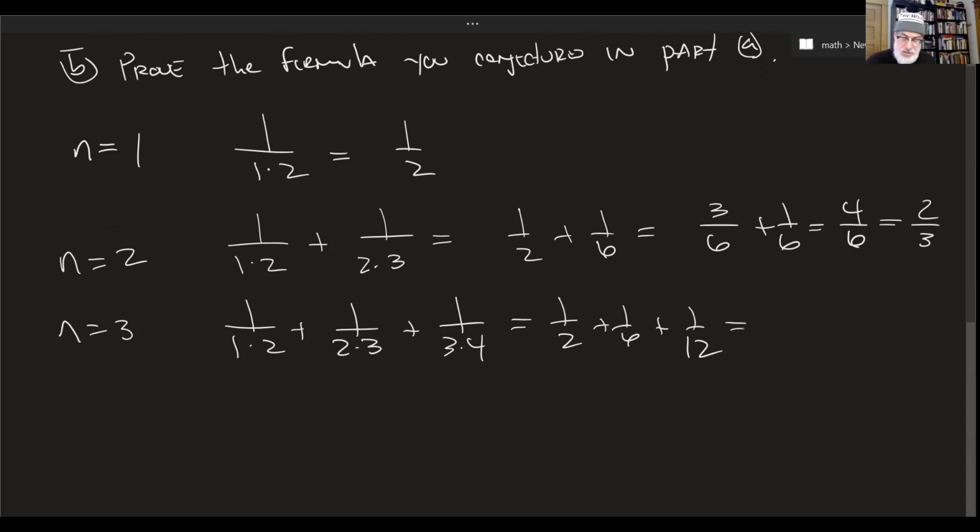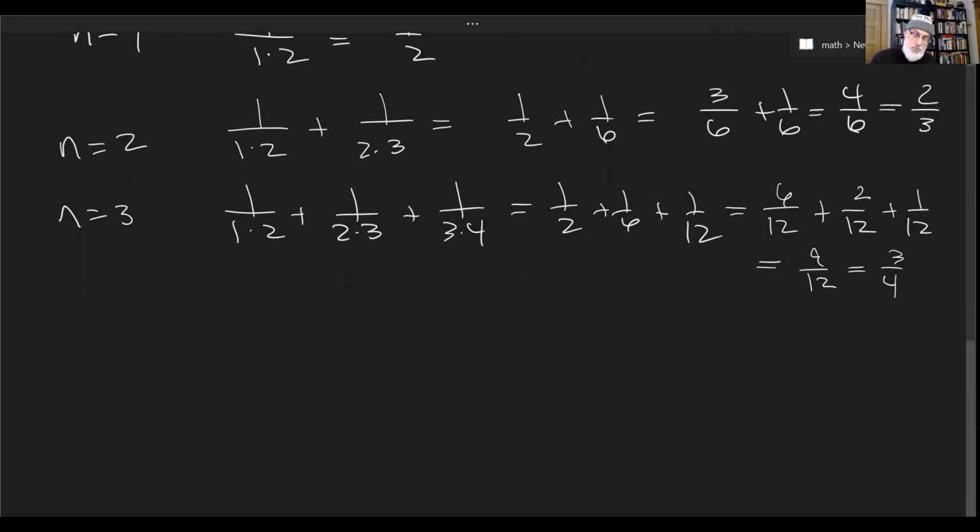So to get 12 on the denominator, we're going to multiply the first term top and bottom by 6, so we get 6/12. The second term, we need to multiply top and bottom by 2, so we get 2/12. And then we can leave the last term alone. And that's 6 plus 2 plus 1, which is 9/12, which reduces. 3 goes into 9 3 times. 3 goes into 12 4 times.